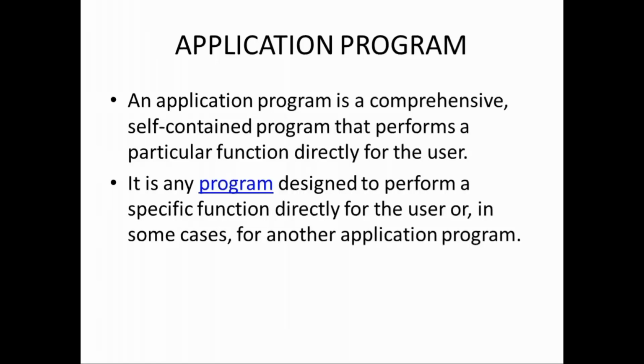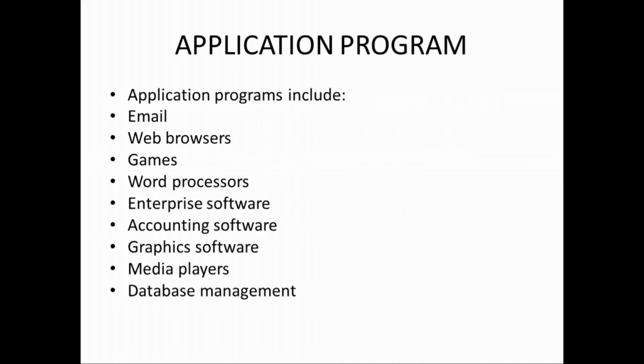We said the application program is a comprehensive, self-contained program that performs a particular function directly for the user. So an application software is a program designed for the use of a user, to solve or perform a particular task. And then we looked at the various application programs.